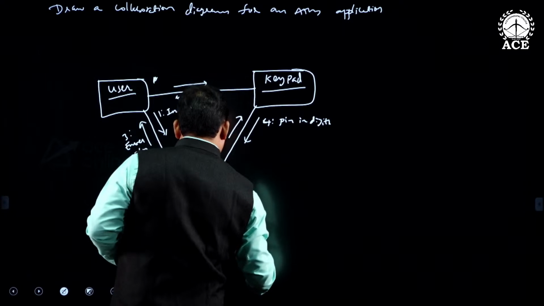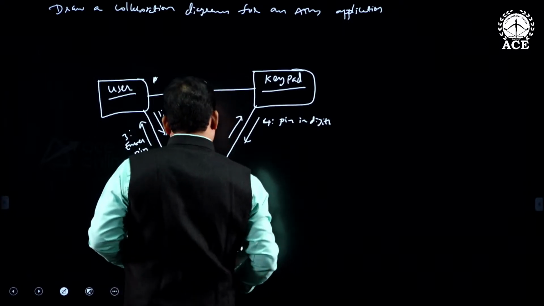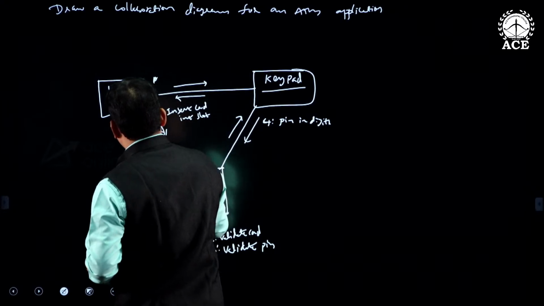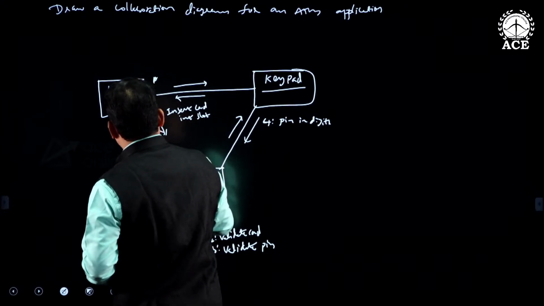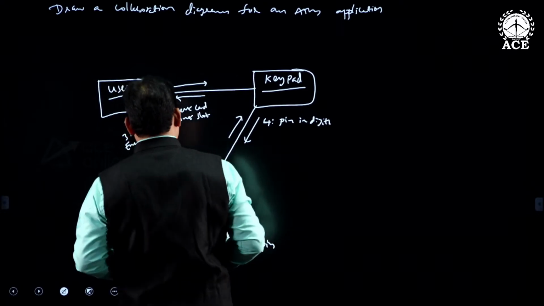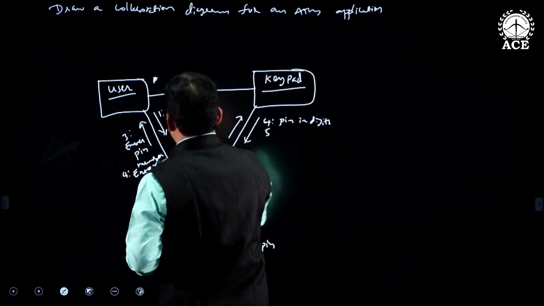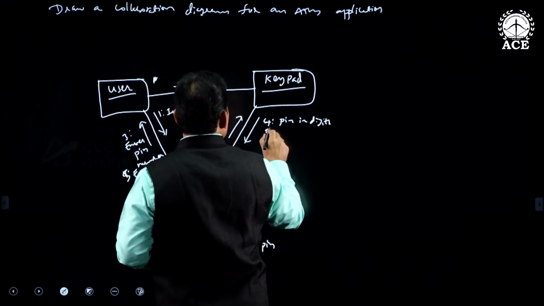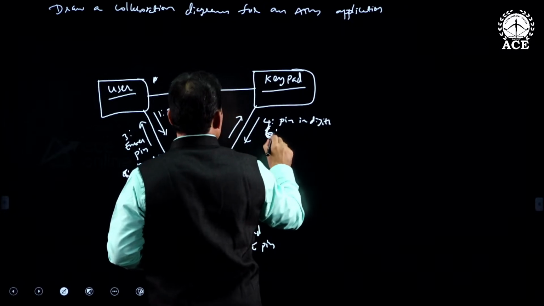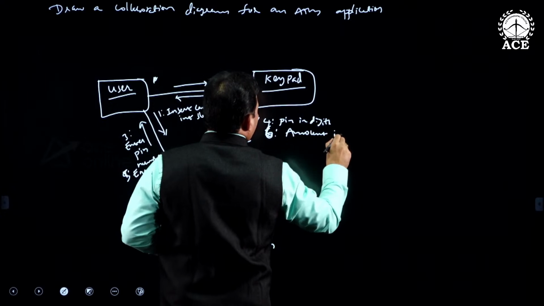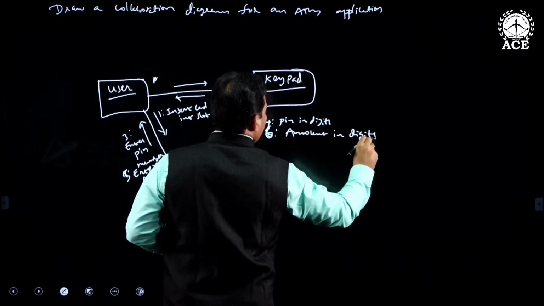Once the PIN is entered, what will take place? Validate PIN. Once the PIN is valid, the ATM machine will ask you to enter the amount for withdrawal. Through the keypad, the user enters the amount in digits.